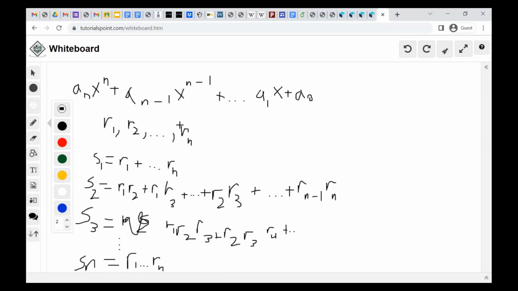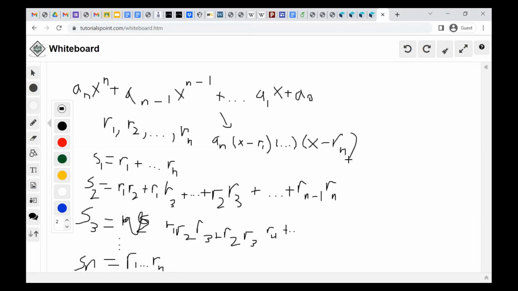And so you can do the same thing that we did before with a higher degree polynomial. We can say that this is equal to a_n times (x minus r1) times (x minus r2) all the way to (x minus rn).